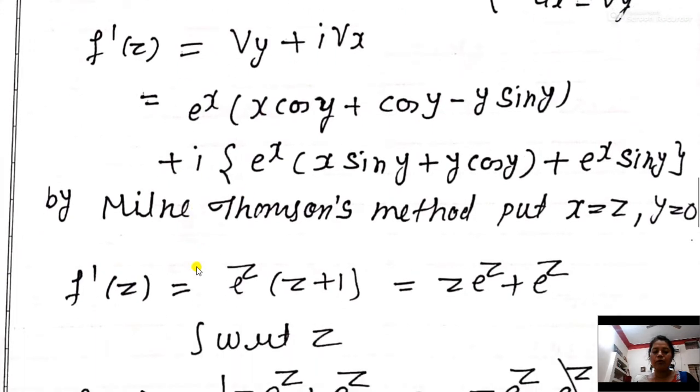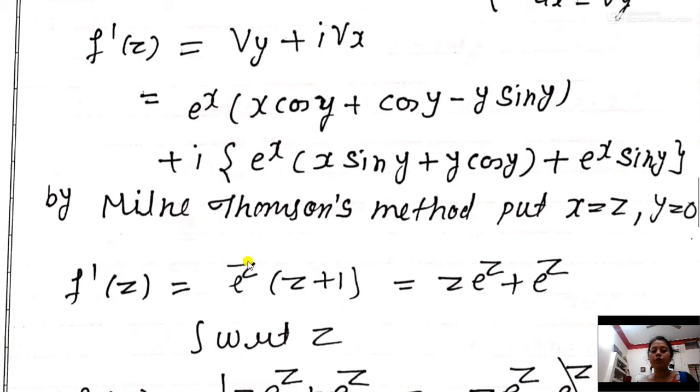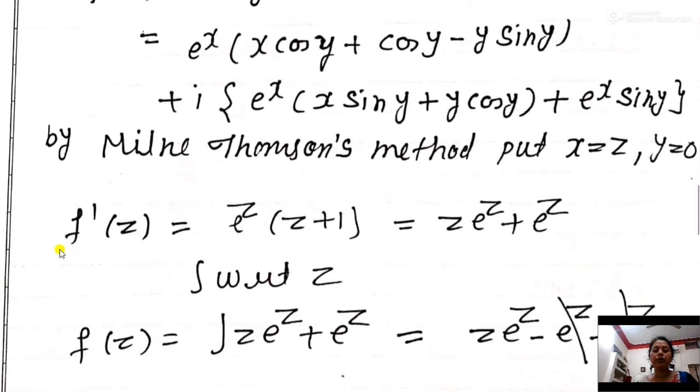Therefore we have f dash z is equal to e to the power z into (z plus 1) in terms of z. After opening the bracket, it will be z e to the power z plus e to the power z. This is the value of f dash z, but we need to find f(z). Therefore, we have to integrate this function with respect to z. The value of f(z) will be the integration of z e^z plus e^z.